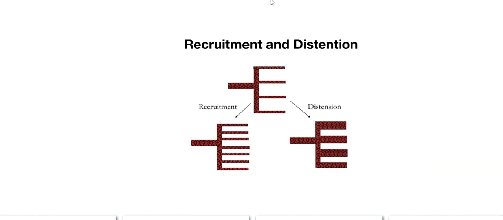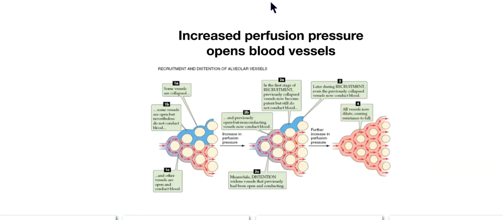Recruitment means that you're going to pull together more of the vessels, more of the alveoli are going to be able to be thoroughly inflated, but more vessels are going to be able to perfuse and participate in gas exchange. Distension is any of these vessels that are going to extend and expand.